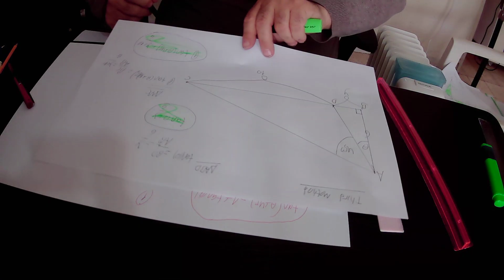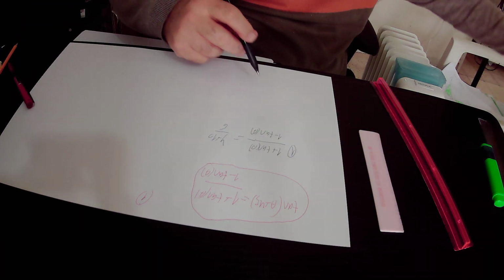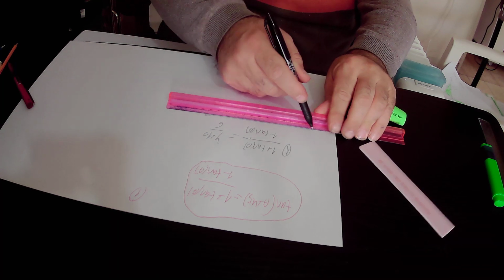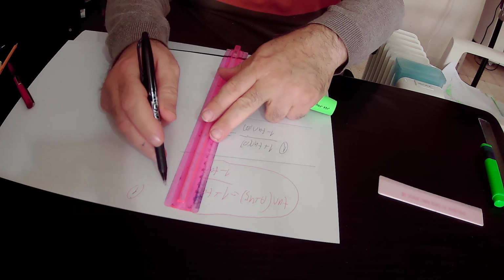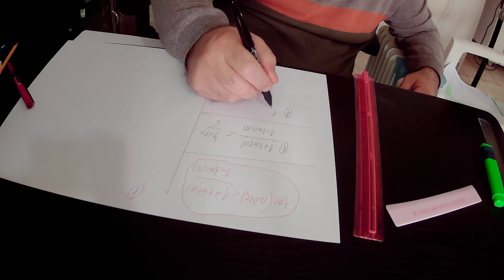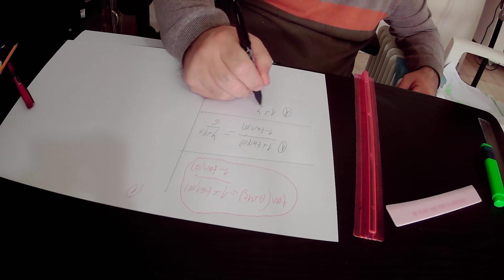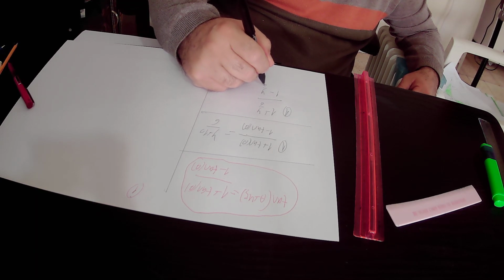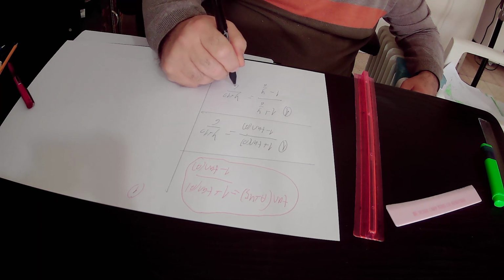And we already found out that tangent theta equals y over 6, so we can substitute tangent theta in equation number 1 by y over 6. We'll do it now, and we'll get, according to equation number 1, 1 plus y over 6, over 1 minus y over 6, is equal to y plus 10 over 6.